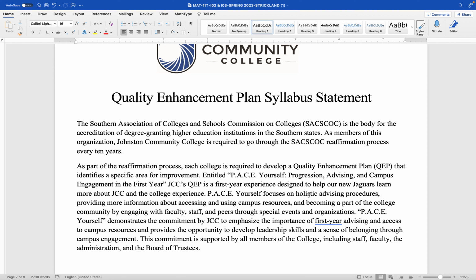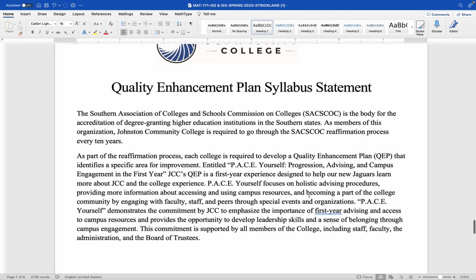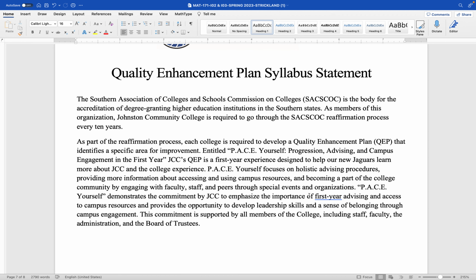As members of this organization, Johnston Community College is required to go through the SACS COC reaffirmation process every 10 years. As part of the reaffirmation process, each college is required to develop a quality enhancement plan that identifies a specific area for improvement, entitled Pace Yourself: Progression, Advising, and Campus Engagement.